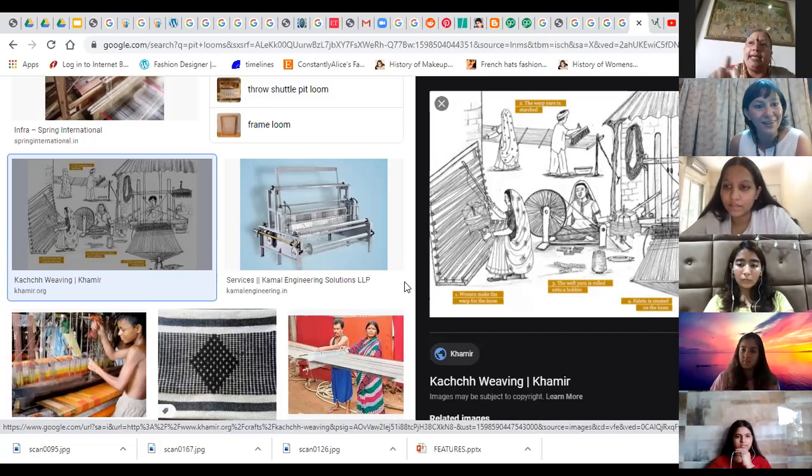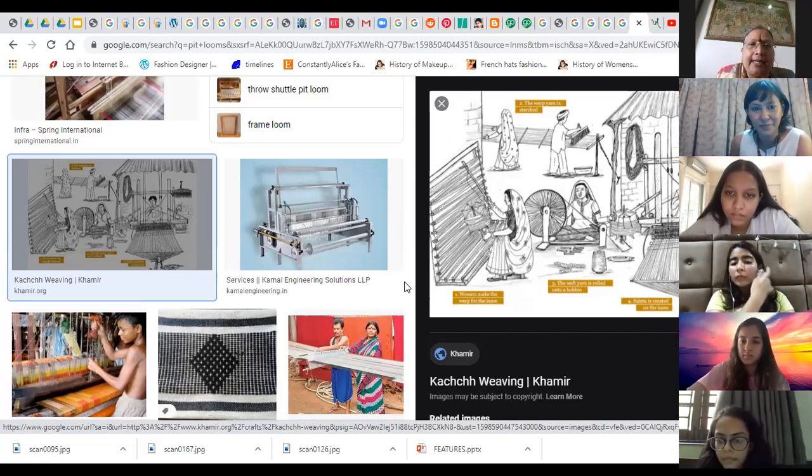The yarn needs to be collected on a bobbin. Can you see that she has a wheel kind of a thing in her hand? So a bobbin kind of a thing is created, and on each bobbin the yarn is prepared.